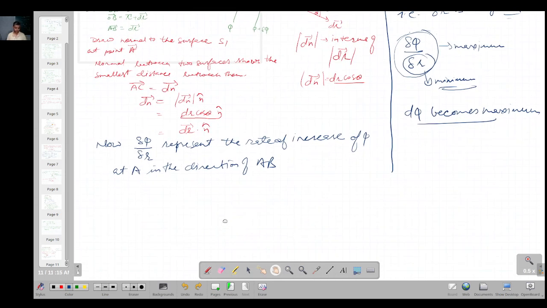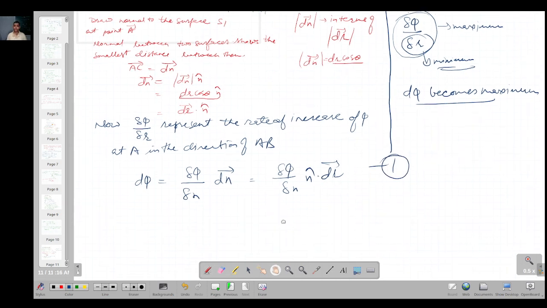Therefore this d phi can be written as delta phi over delta n into dn vector, or equal to delta phi over delta n, n cap, dr vector. Right? So this is equation number 1.